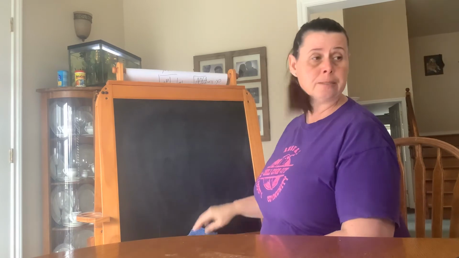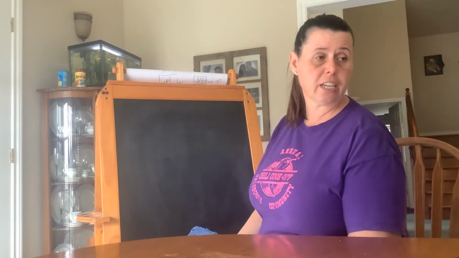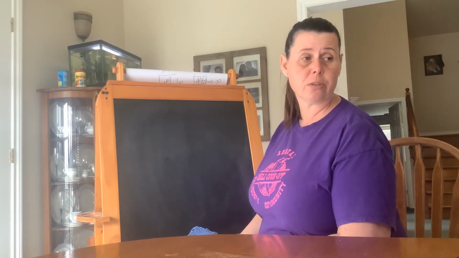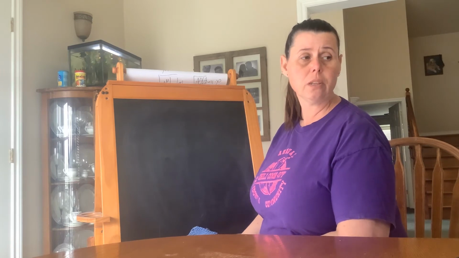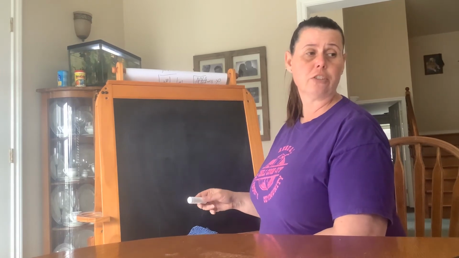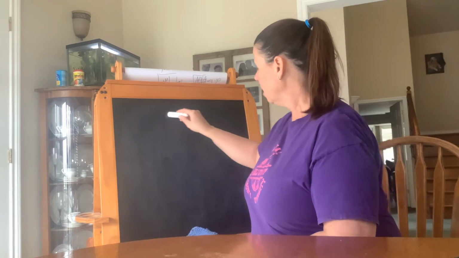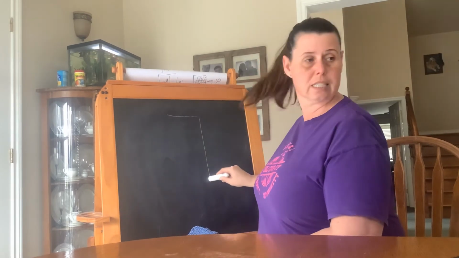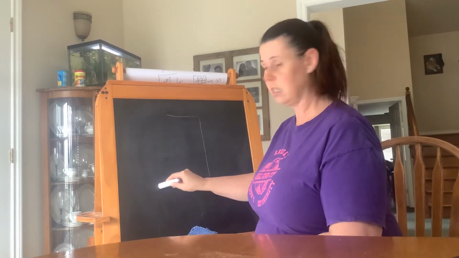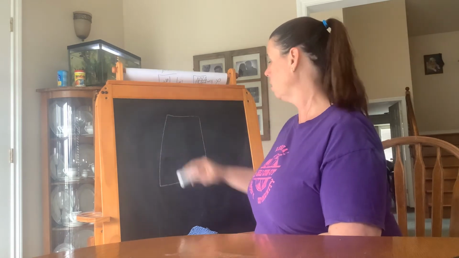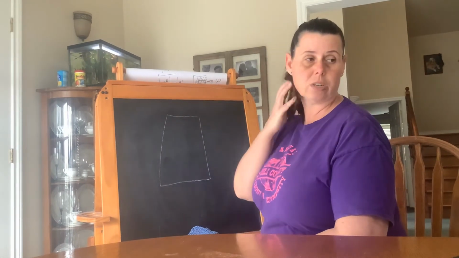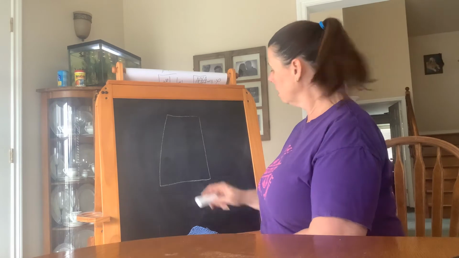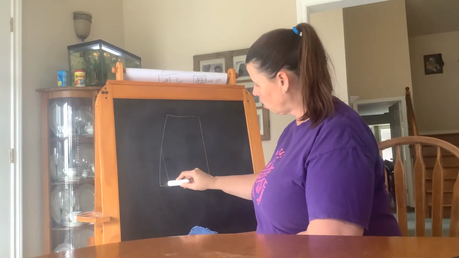Question 10. Draw a rectangle with the same area as the trapezoid, then find the area. So they're showing you a trapezoid like this. Okay, a trapezoid like this, right? And on the grid, they're cutting off this corner.